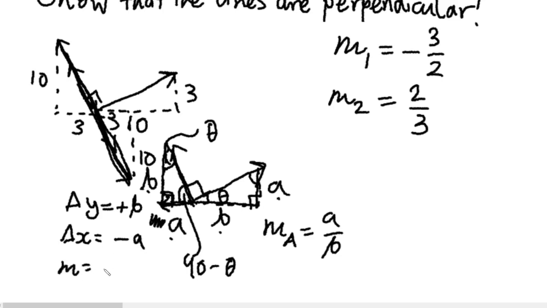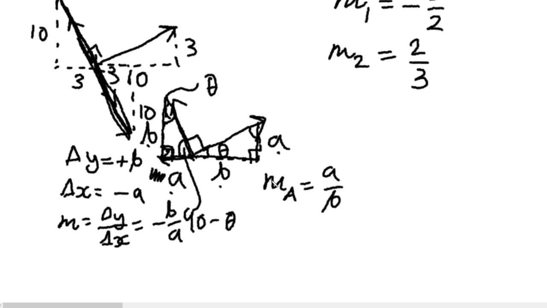Our gradient, or our delta y over delta x, is minus b over a. So if one line is a over b, the other line has to be minus b over a.